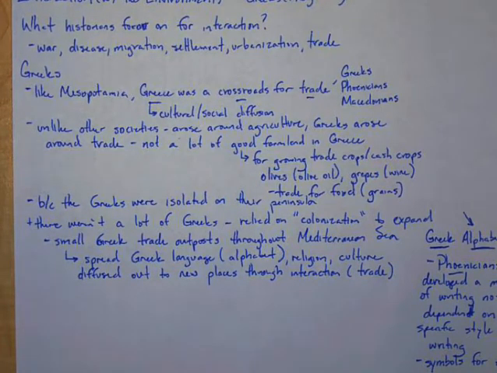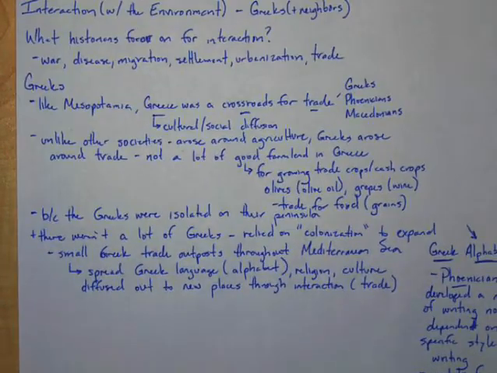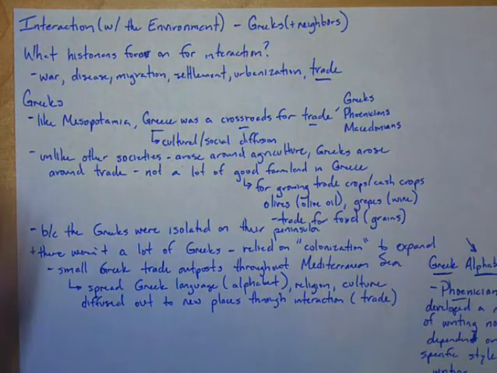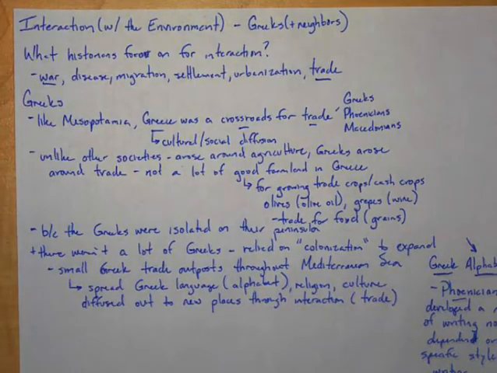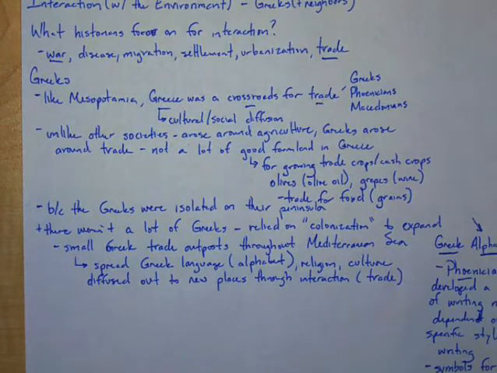Now, that's not the only way that interaction happens. So we've kind of looked at this through a socio-cultural lens, but you can also spread stuff through war. And that is also where we can look at the Greeks.